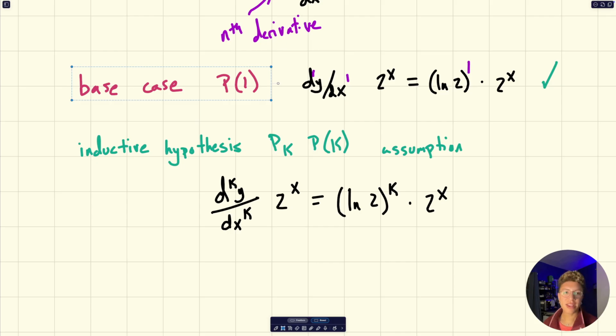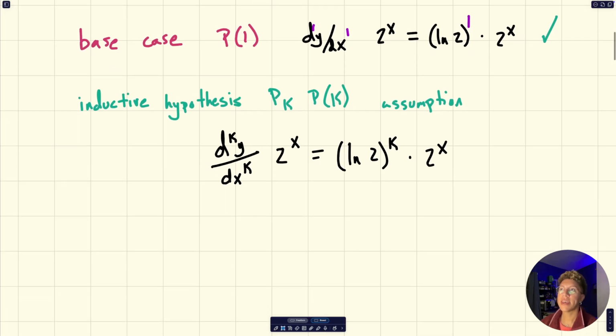So we've stated our inductive hypothesis. And of course now we want to show that whenever we assume this to be true, the case after, the derivative after this, should also be proven true. So we're going to write down our inductive step in blue.